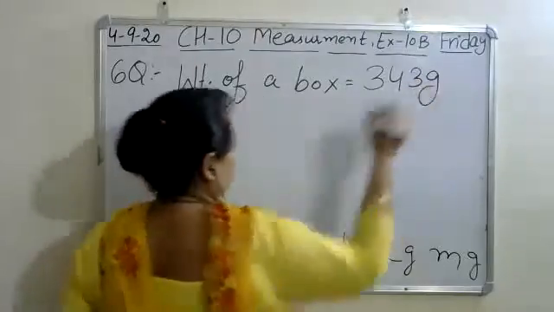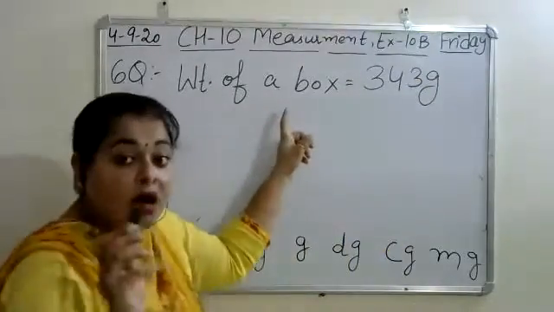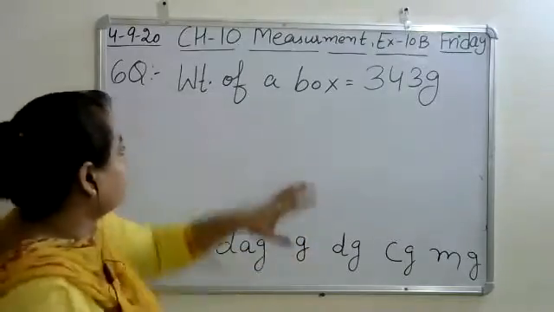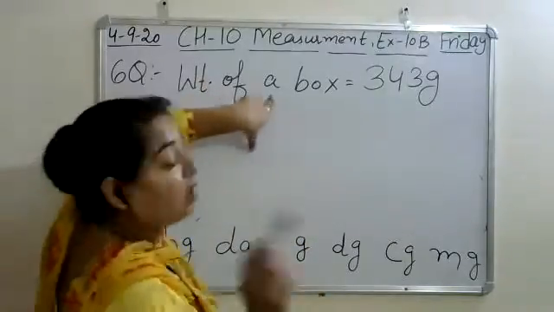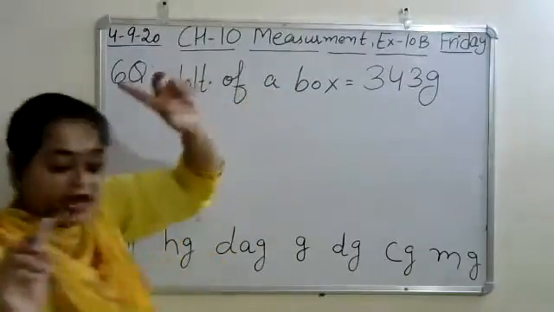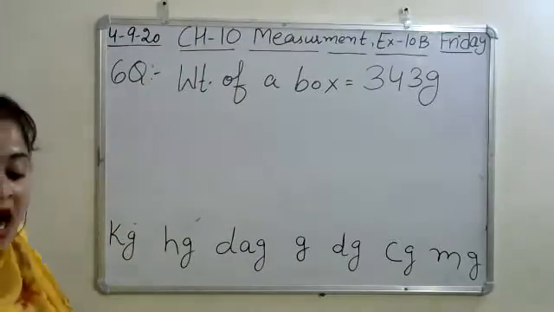You will write like this. Weight of a box. What is given? A box of chocolate weighs, it means the weight of one box is 343 gram. And the question is to find half a dozen.